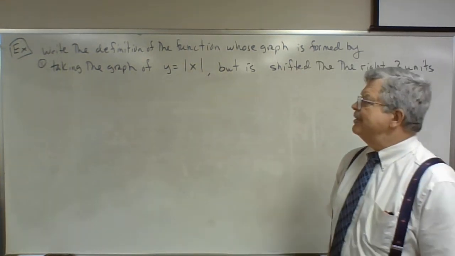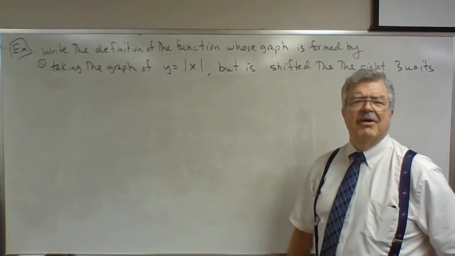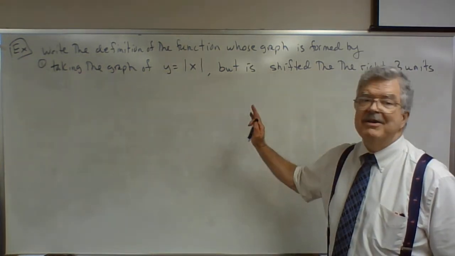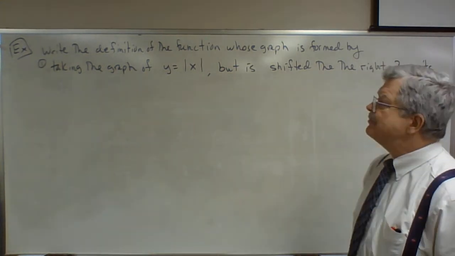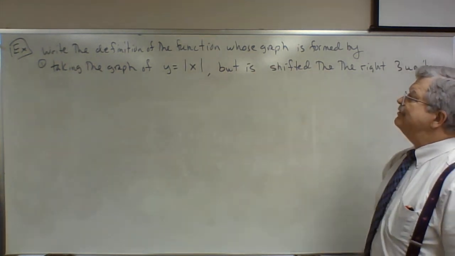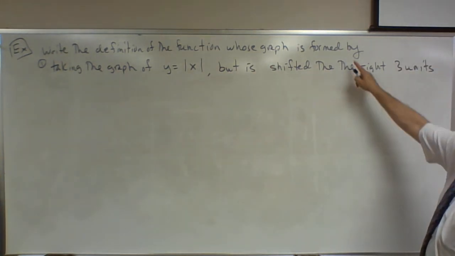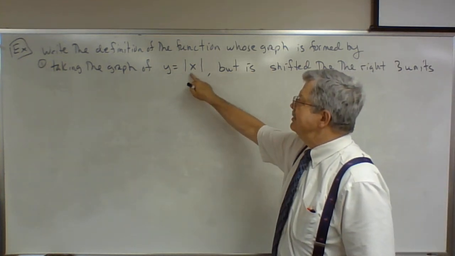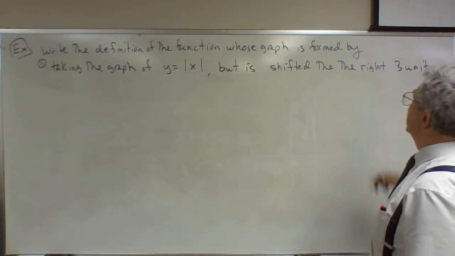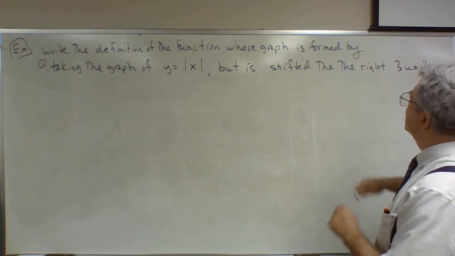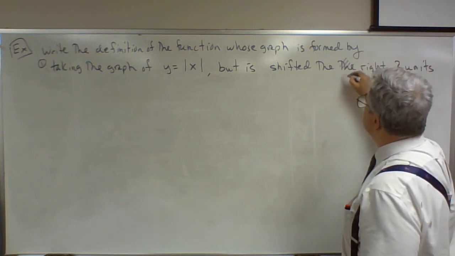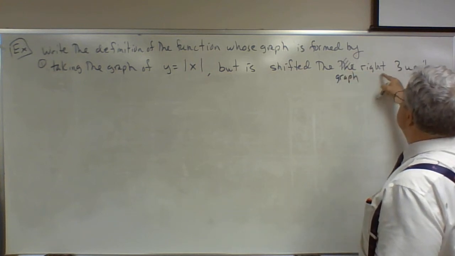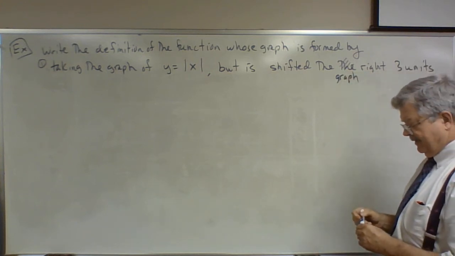Okay, we'll see some exercises like this on our homework, so let's do them. Compared to what we've been doing, these ought to be a snap. Write the definition of the function whose graph is formed by taking the graph y equals |x| and shifting the graph to the right 3 units.